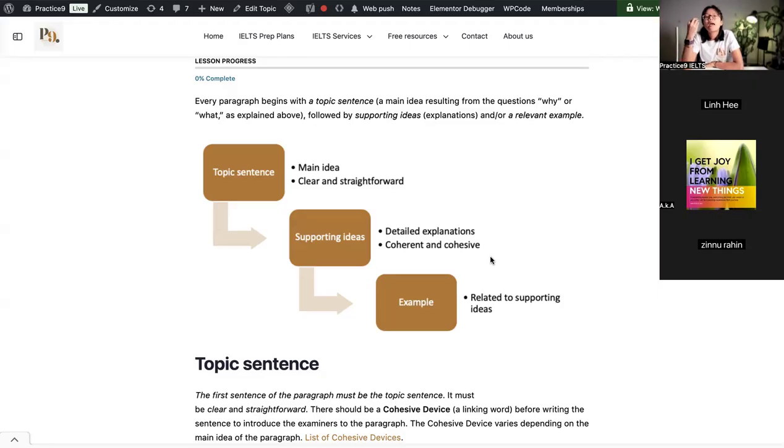I repeat, there are many reasons I agree or disagree with the statement. Is it an appropriate topic sentence for a body paragraph? Just thumbs up or thumbs down. Just tell me, what do you think?